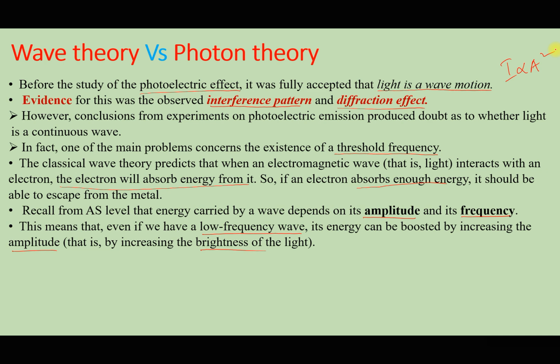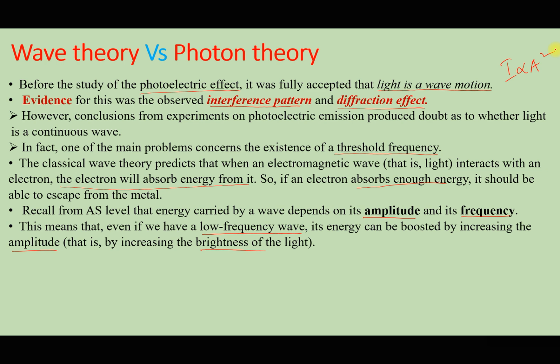So if light is a wave, it has two major properties, amplitude and frequency. And the energy of a wave depends on the amplitude and its frequency. So even if the light has lower frequency, it should be able to cause photoelectric emission, because if it has lower frequency, we should be able to increase the amplitude by increasing the brightness.